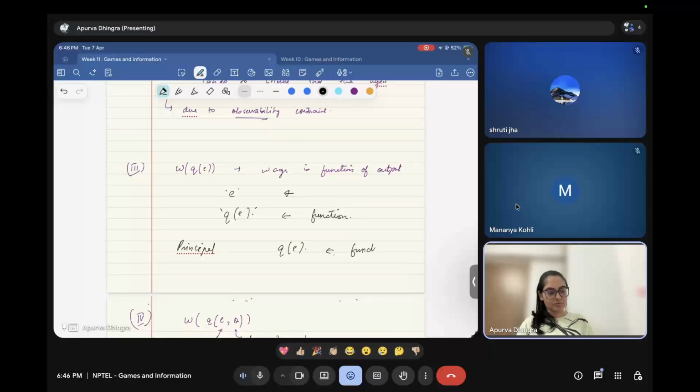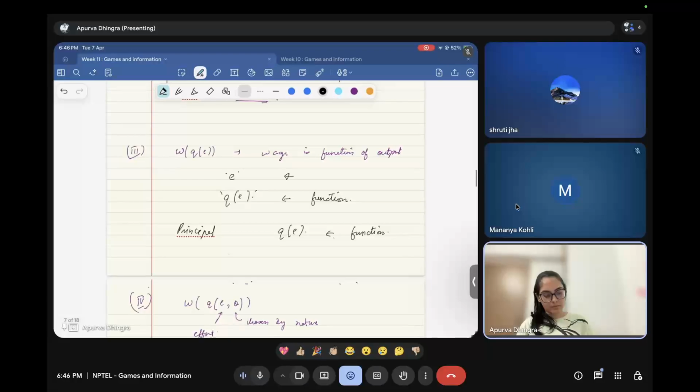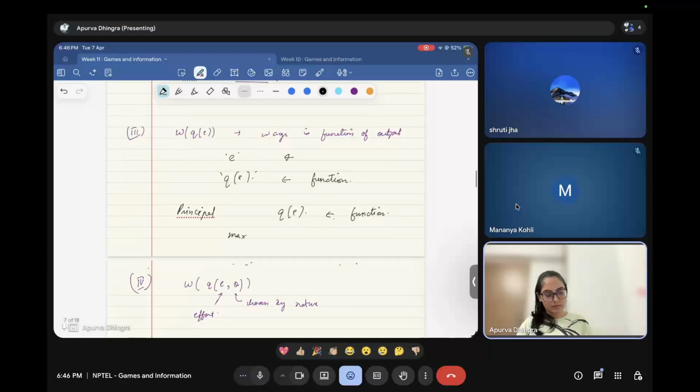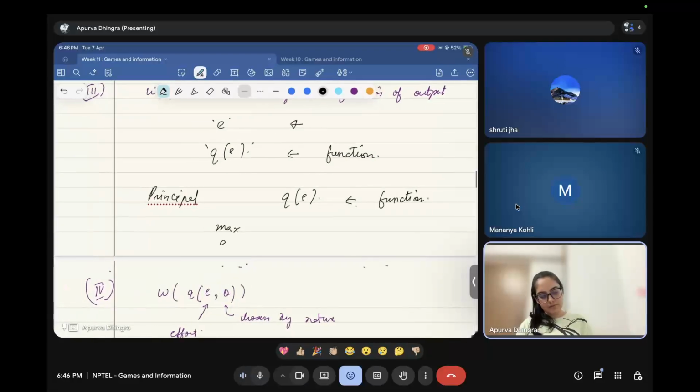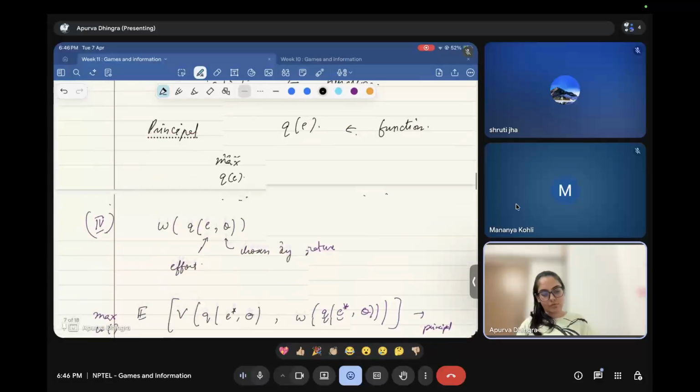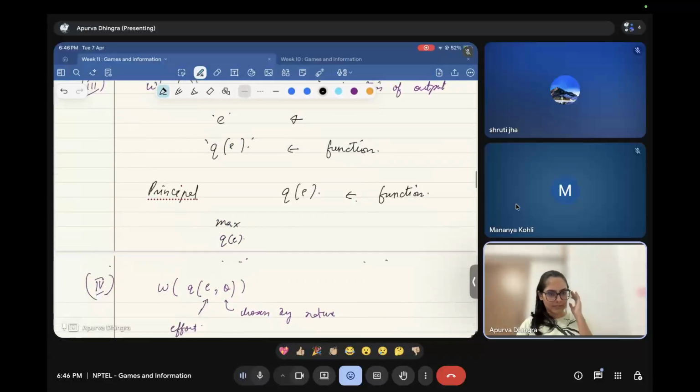He would be happy to just know this function, and if he knows this function, then what he would be doing is trying to maximize this q of e.